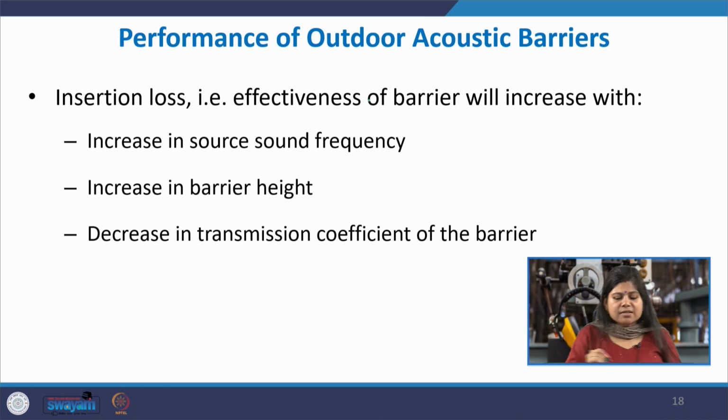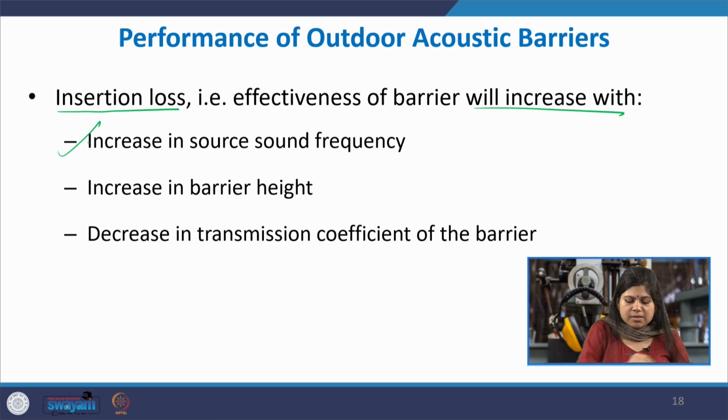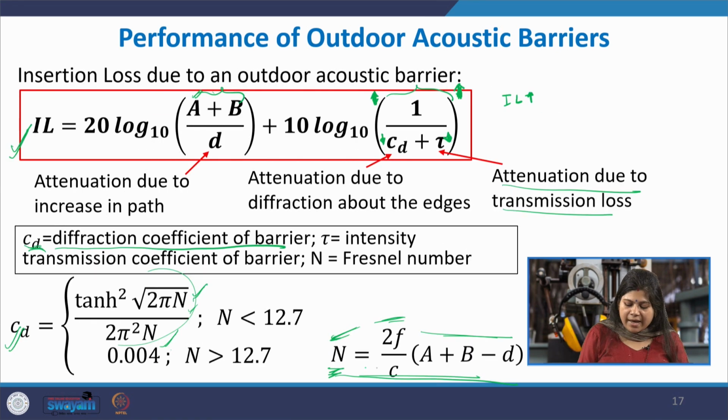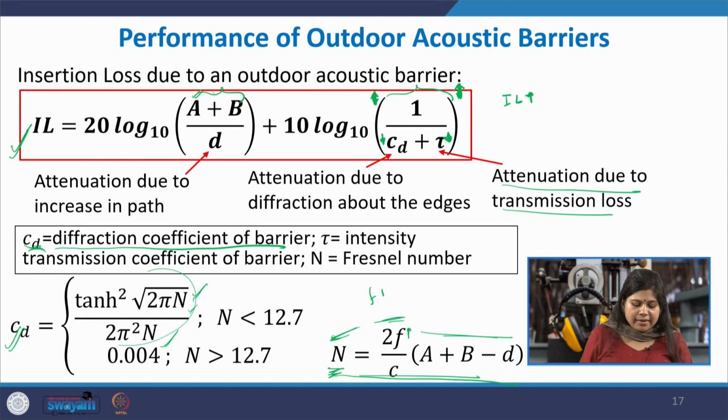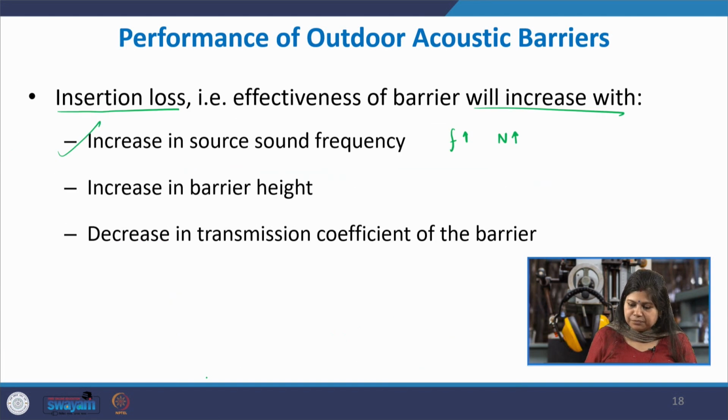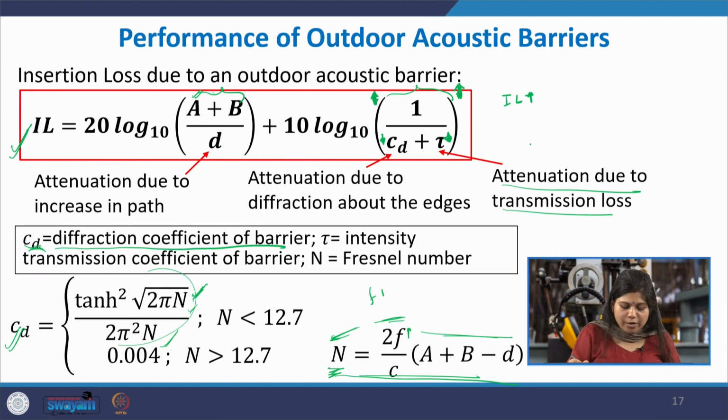So, basically insertion loss will increase with the increase in the sound source frequency, because as F increases, the Fresnel number N increases, and the diffraction coefficient for smaller frequencies is given by this sine term, and for larger frequencies CD is a fixed small value.